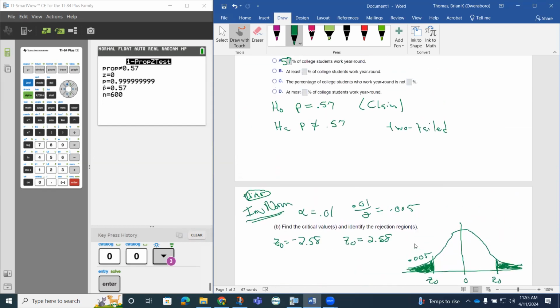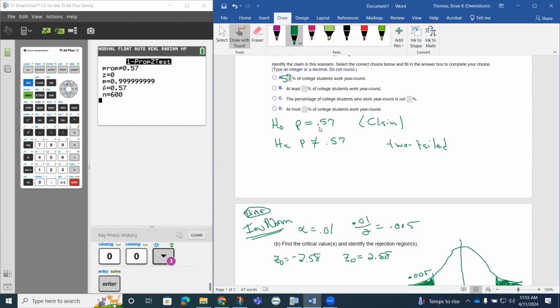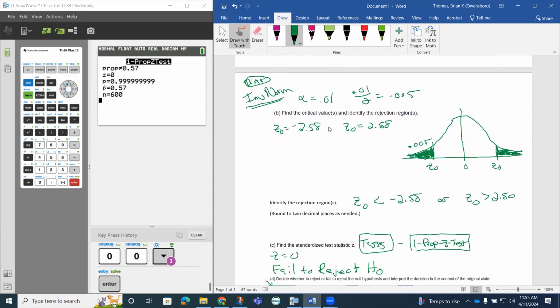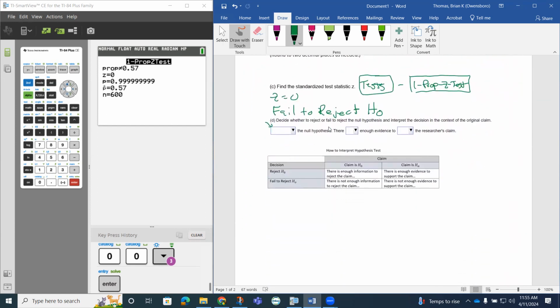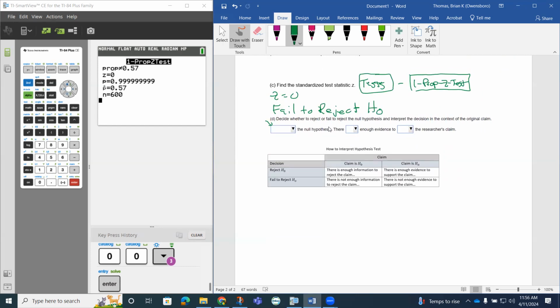So for ours, our claim was the null hypothesis, and we said we failed to reject the null hypothesis. So what we're doing is we're saying this and this.